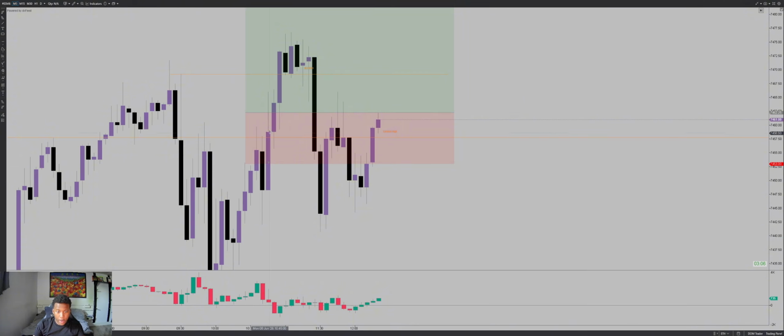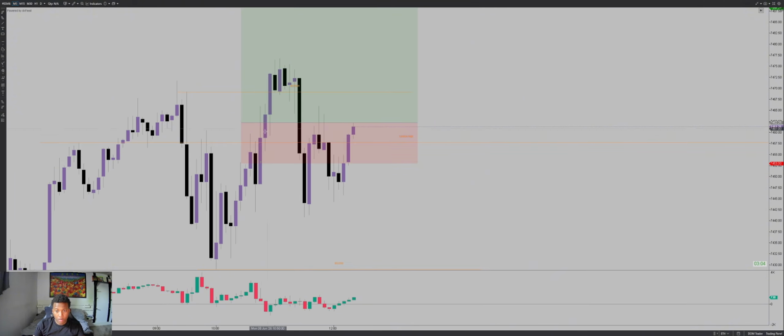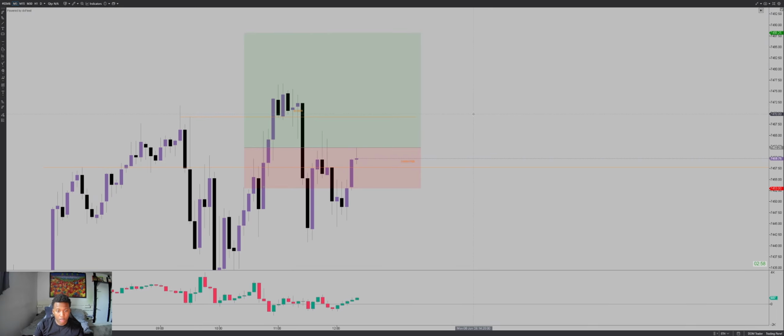Then on the break above the London high and the retest, I will go over my confirmation. On the break, the candle closed above the London high with aggression.